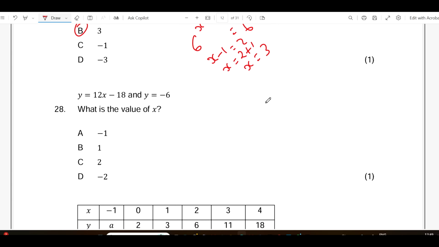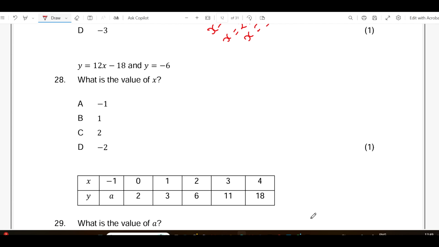So let's proceed to the next one. What is the value of x? So y equals 12x minus 18, and y equals minus 6.